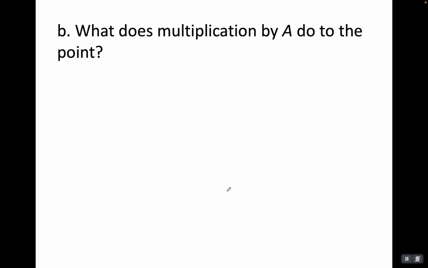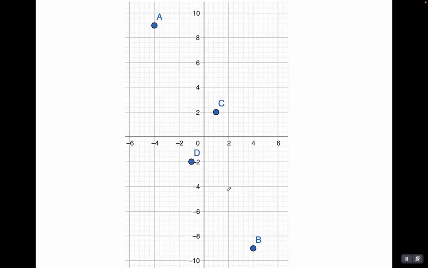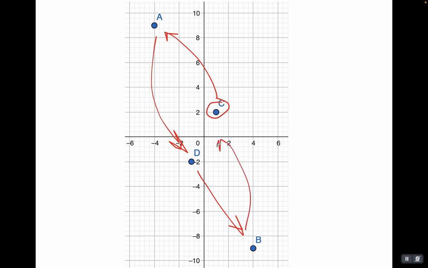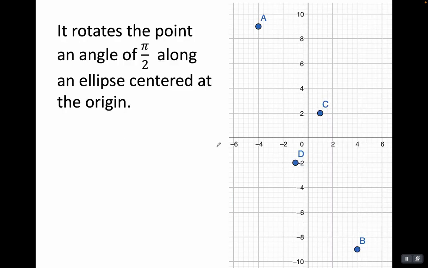So what does multiplication by A do to the point (1, 2)? Check this out. This was our original point (1, 2). Then it takes it out to here, (-4, 9). Then it shifts it to (-1, -2). Then it shifts that point to (4, -9). And then we're back to (1, 2). Can you see what's happening?